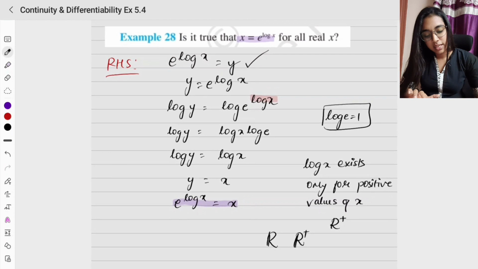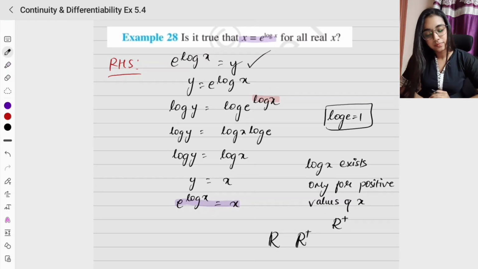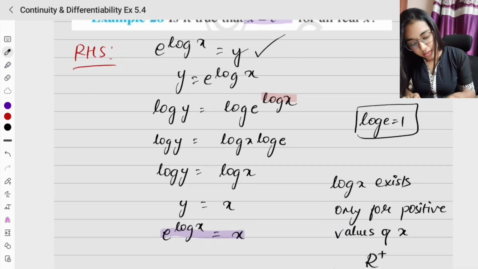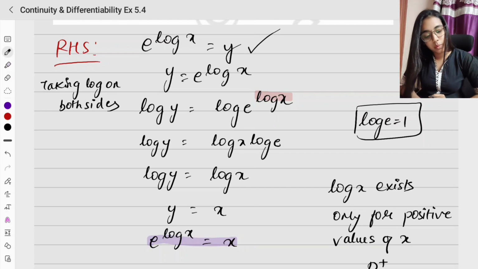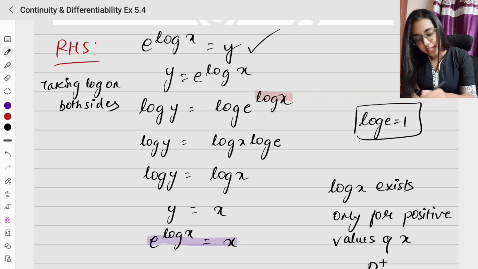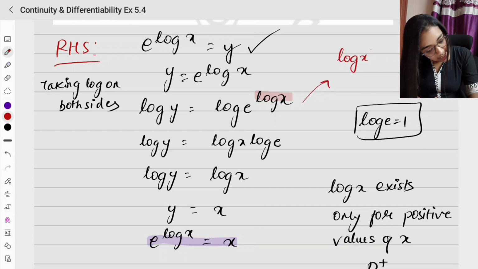Okay, please copy. So first, what did we do? We assigned the right hand side to a variable. Next step is taking log on both sides. Taking log on both sides, log y is equal to log e to the log x. Here I am using the relation log of x raised to the power n is n log x.